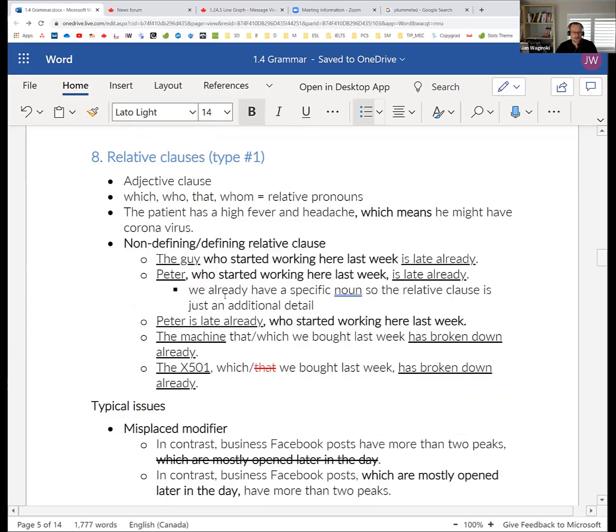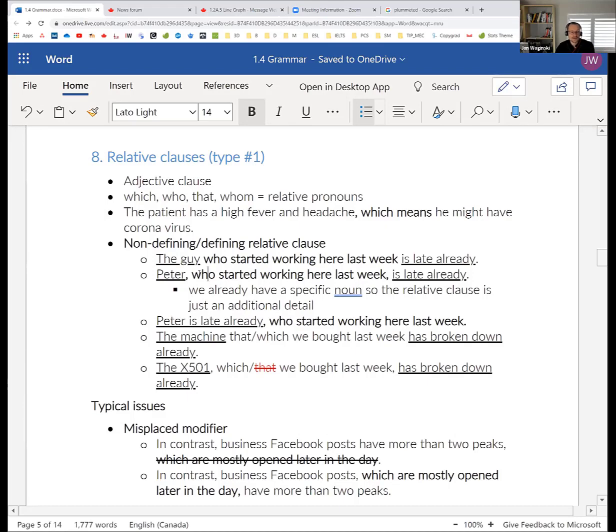I don't know if you remember, a little while ago I told you that nouns are only allowed to have one job. Right? A noun can be the subject of a verb, or it can be the object of a verb, or an object of a preposition. It can't be two things at the same time.